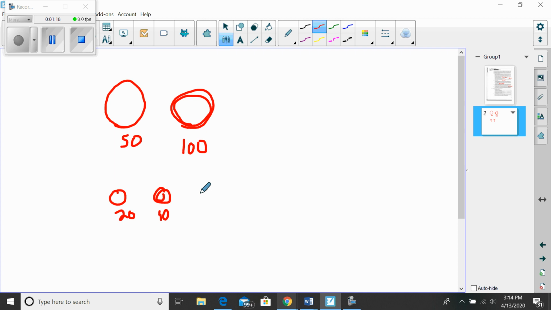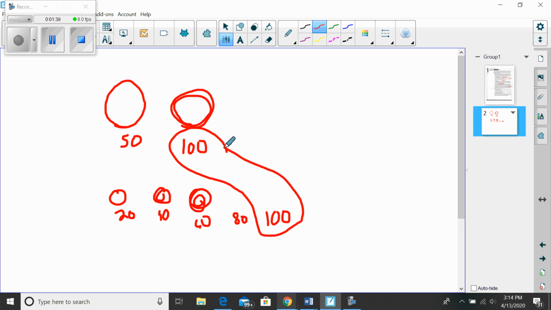This one will go 3 times around in 60 seconds, 4 times around in 80 seconds, and 5 times around in 100 seconds. So after 100 seconds, this will have completed 2 cycles, this will have completed 5 cycles, and this is when we're at the same place at the same time.